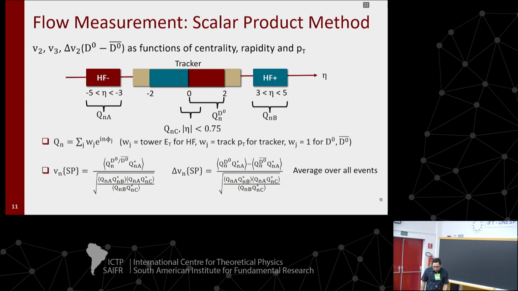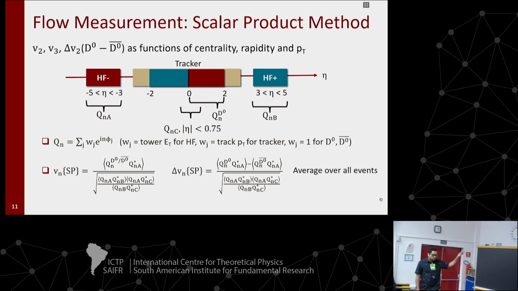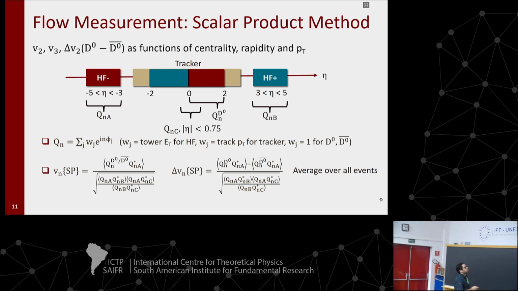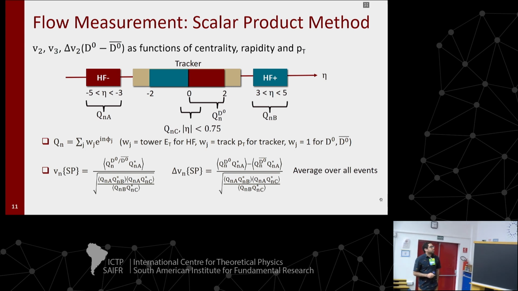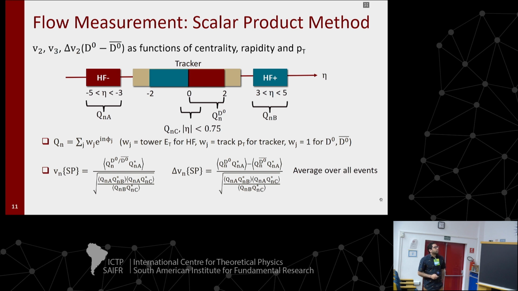Okay, so how do we measure the VN? There are several procedures to measure it. I just illustrated one with the two-particle correlation, but you can use, for example, what we call the scalar product method. Basically, you don't actually correlate the particles, but you correlate what we call vectors.